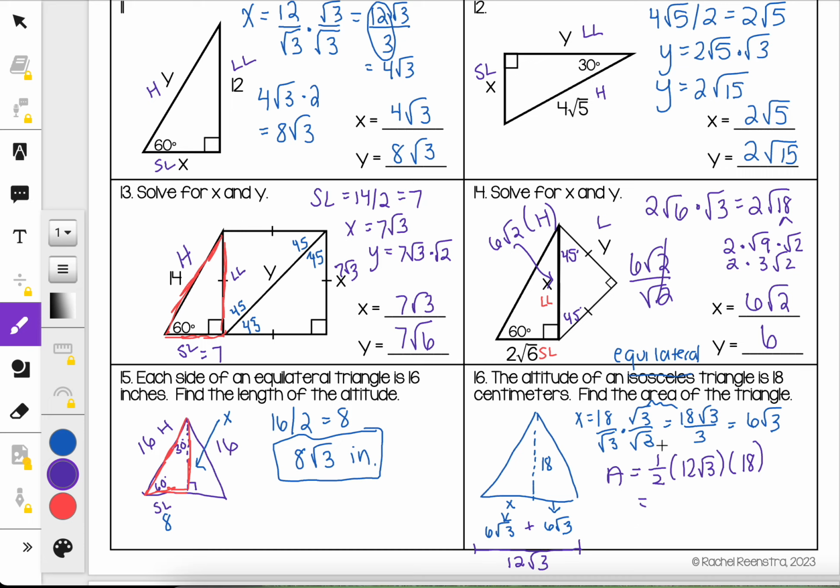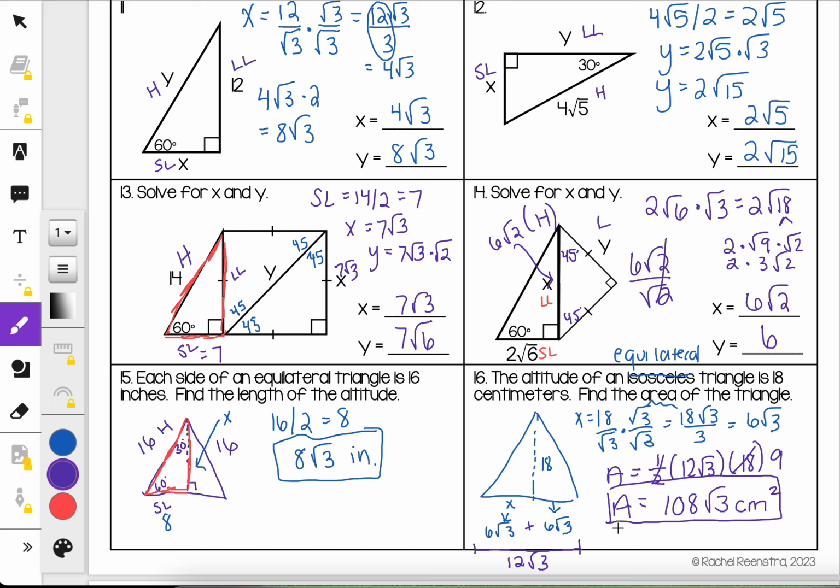Okay, so I'm going to have 1/2 of 18. I can cancel that out to be 12 root 3 times 9, because 1/2 of 18 is 9. And 12 root 3 times 9 is going to be 108 root 3 centimeters squared. And that is going to be the area of that equilateral triangle.